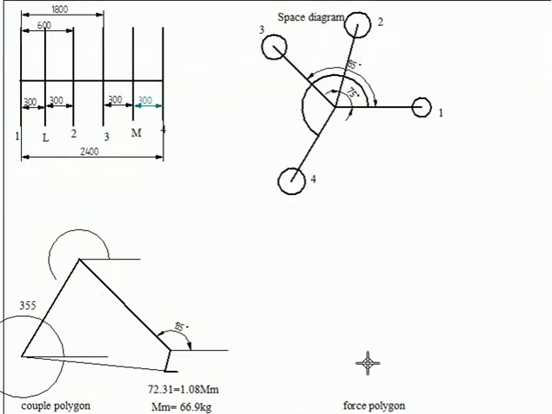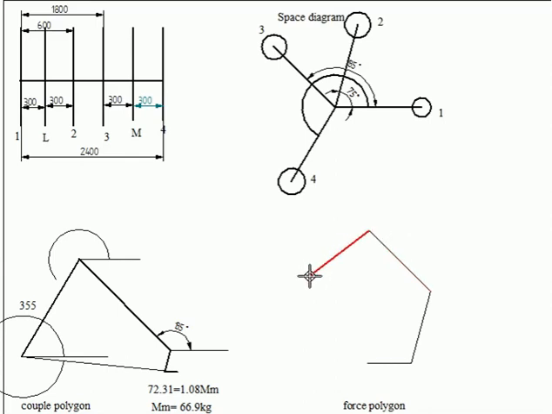So length of the first line will be 20, inclined at 0 degree. Length of second line is 35, inclined at 75 degree. Length of third line is 40, inclined at 135 degree.